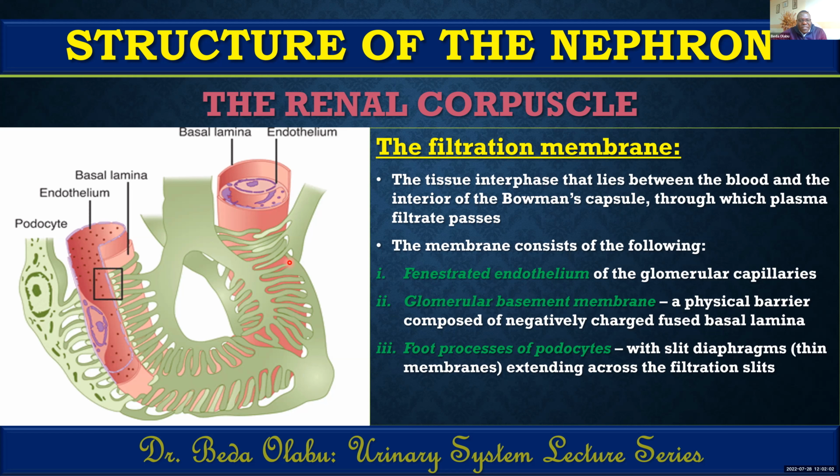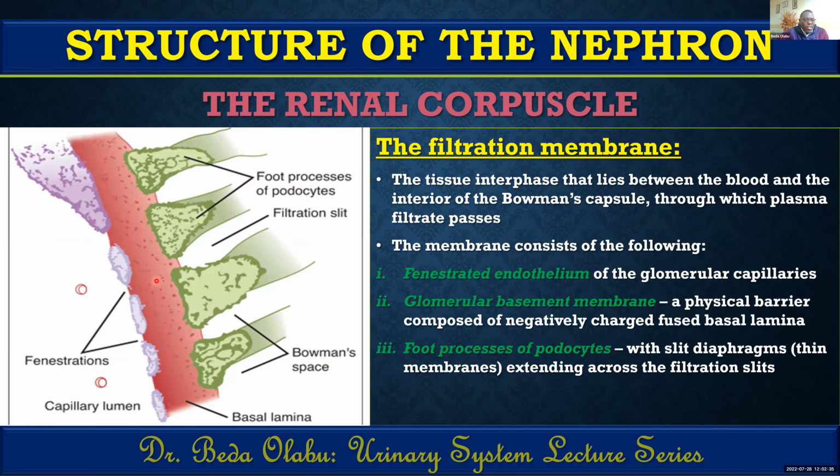And so the slit diaphragms also help to filter substances which could have passed through the fenestra of the endothelium. If they manage to pass through the fenestra of the endothelium, and also pass through the glomerular basement membrane, they can still be further trapped by the slit diaphragm of the podocytes. So these three are the structures that constitute the glomerular filtration barrier.